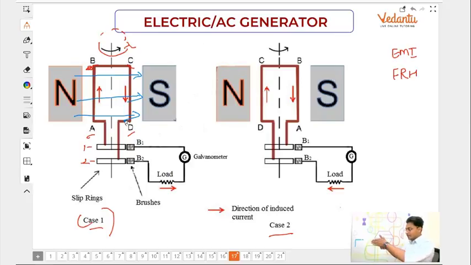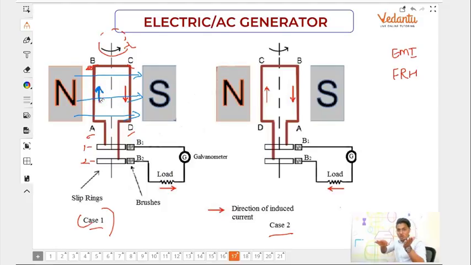Correct? So मैंने forefinger extend किया. As you can see, it is in the direction of the magnetic field very clearly. Now if I project my middle finger so that all three are at 90 degrees perpendicular to each other, you can very clearly notice that induced current का direction अंदर की तरफ है. Correct? It's towards inside, and that's the direction of current which we have given here very correctly.